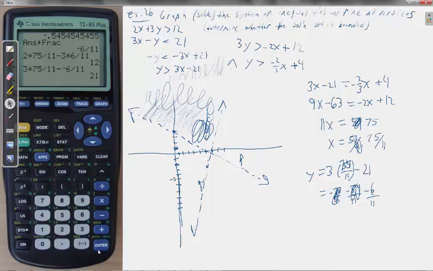So the only vertex is at 75 over 11, negative 6 elevenths. I'll leave this in just to illustrate some of the difficulty you get into with doing the solving. I just made a bunch of errors, so I had to find them.